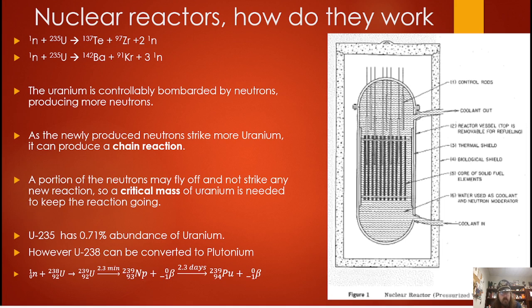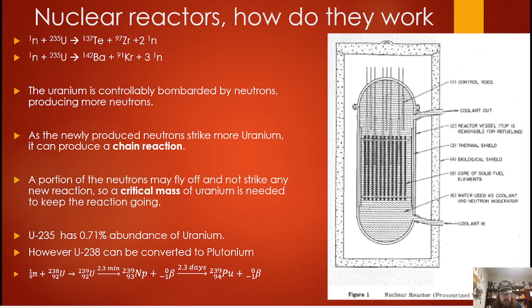It will cleave to form two new elements and several neutrons. This cleavage process creates multiple neutrons that can further cleave and further react, and it keeps generating, and you can keep this going as what's called a chain reaction.